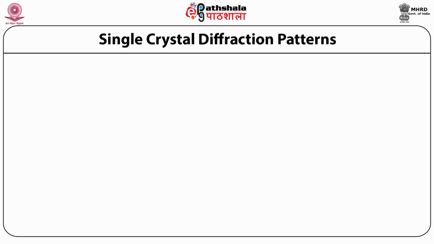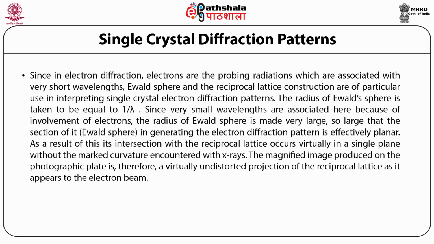Now let's talk about single crystal diffraction patterns. Since in electron diffraction, electrons are the probing radiations which are associated with very short wavelengths, the Ewald sphere and the reciprocal lattice construction are of particular use in interpreting single crystal electron diffraction patterns. The radius of the Ewald sphere is taken as equal to 1 by lambda.